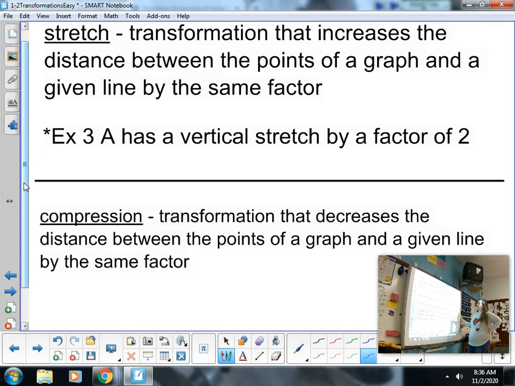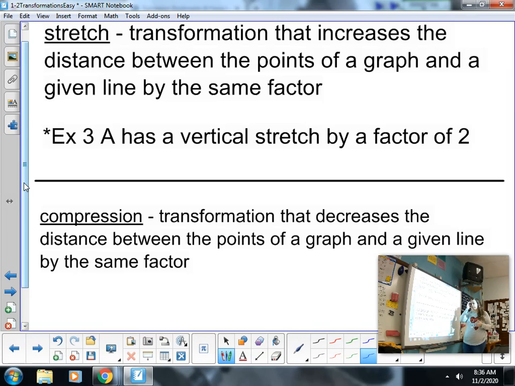Example 3a has a vertical stretch by a factor of 2, and 3b is a horizontal stretch, and technically it's also by a factor of 2, because you had to double your original x to get your new values. And then you have a compression, a transformation that decreases the distance between the points by some factor. How to figure out whether you have a stretch or a compression, vertical or horizontal, is going to be on the next page.